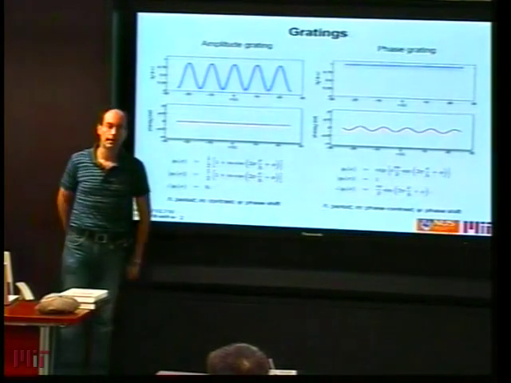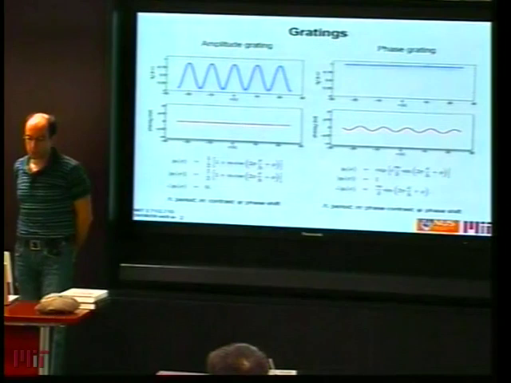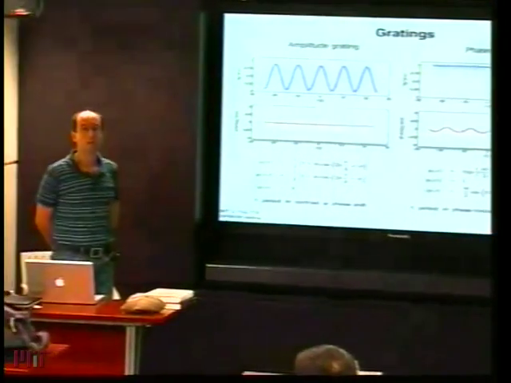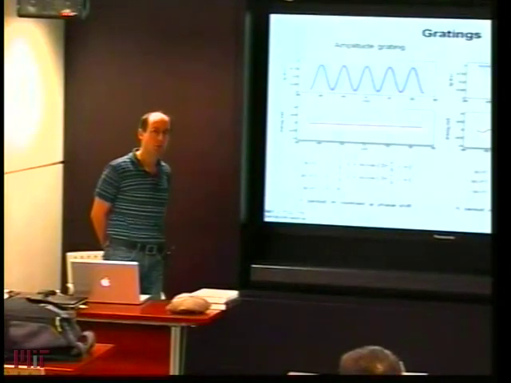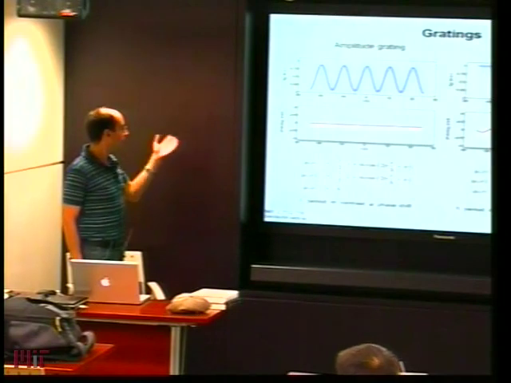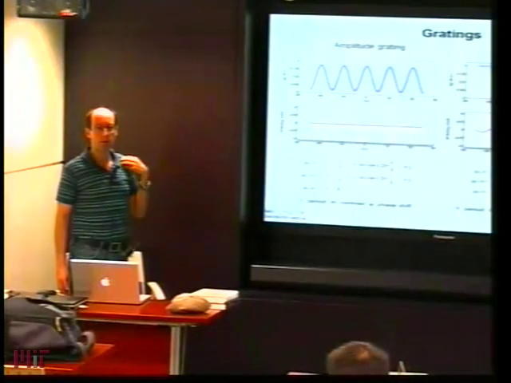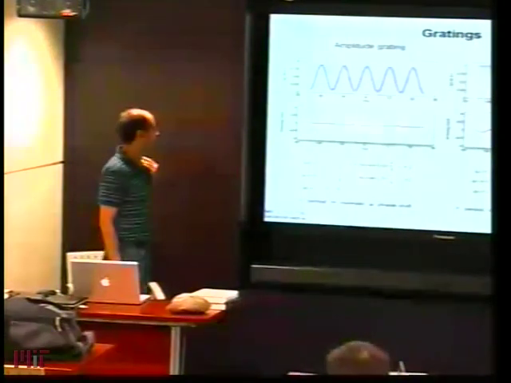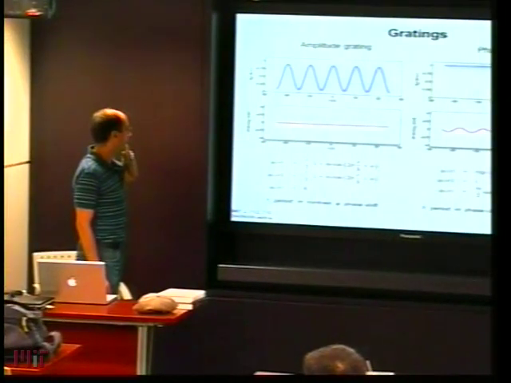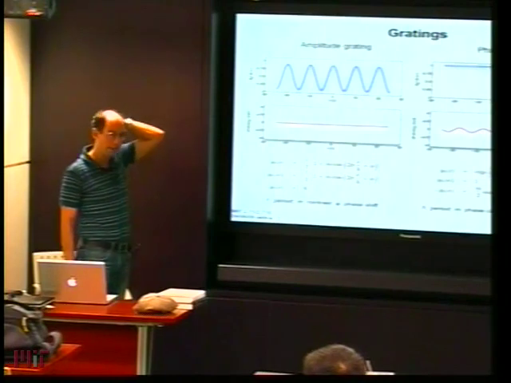Nevertheless, for historical reasons, people call these amplitude gratings. Hopefully this will not create confusion. But anyway, the simplest possible modulation is sinusoidal, and you can see here, juxtaposed, a sinusoidal amplitude grating and a sinusoidal phase grating.